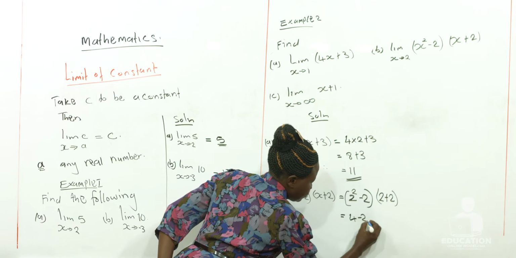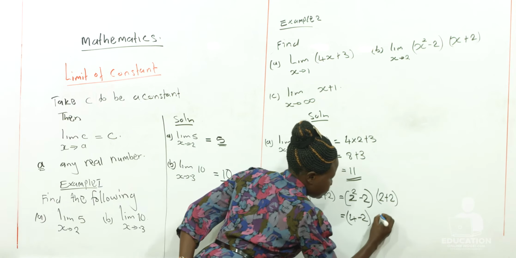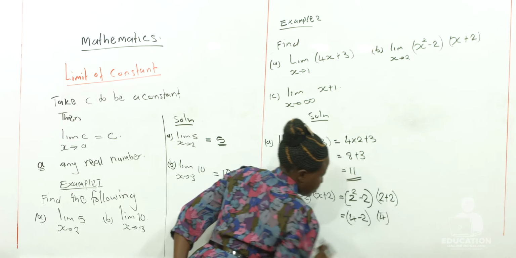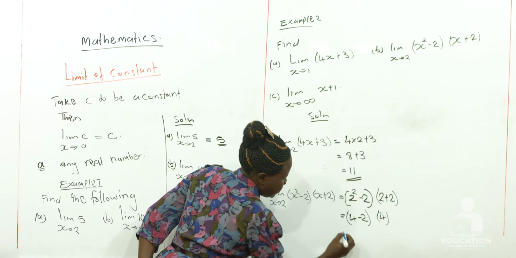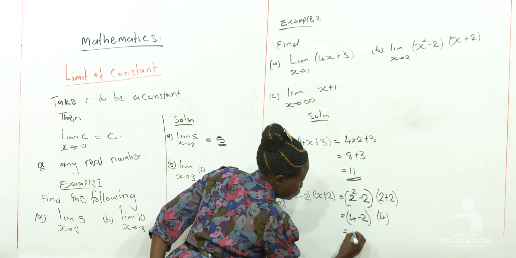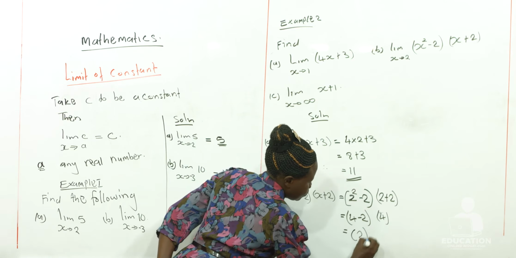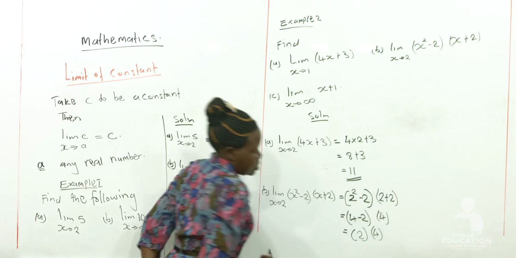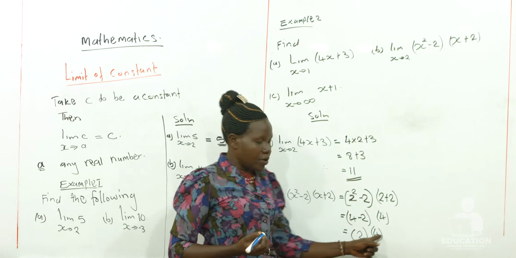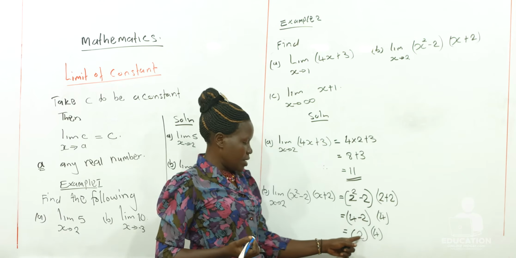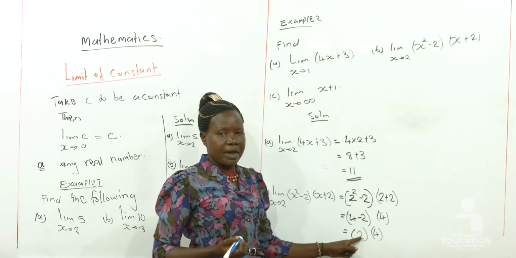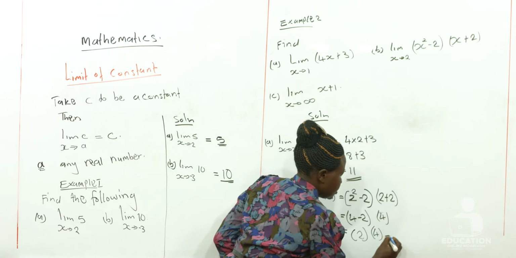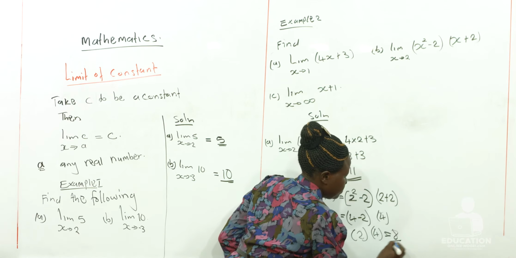So 4 minus 2, and then 2 plus 2 will give us 4. When we simplify here, we remain with 2 times 4. Then at this level, you can now open your bracket by multiplying the two factors. So 2 times 4 will give us 8. So our answer here will be 8.